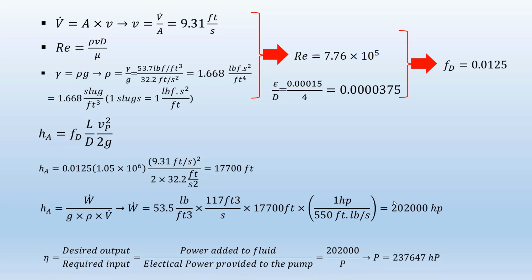If you remember from thermodynamics, the efficiency is desired output over required input. Here, desired output is power added to the fluid. You already determined it. And then required input is electrical power provided to the pump. And then you are looking for this actual power, and from here you can calculate the power.